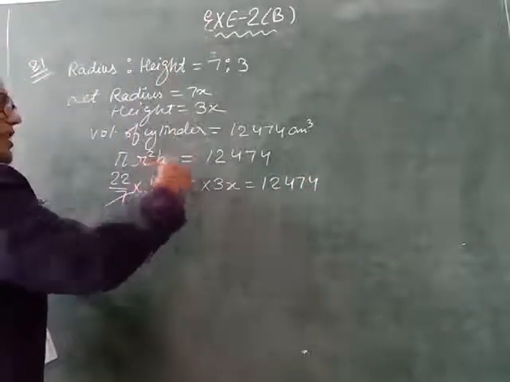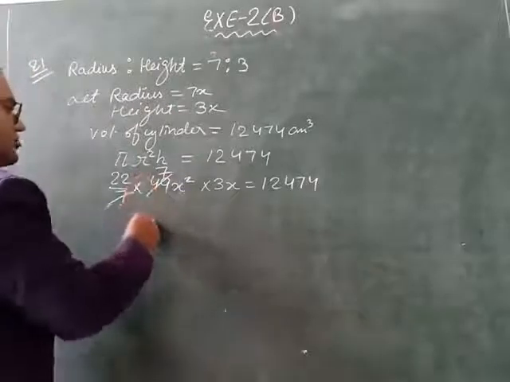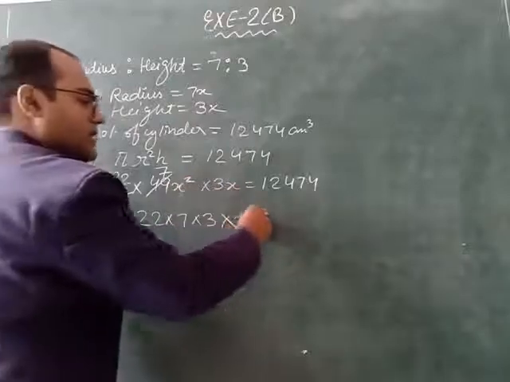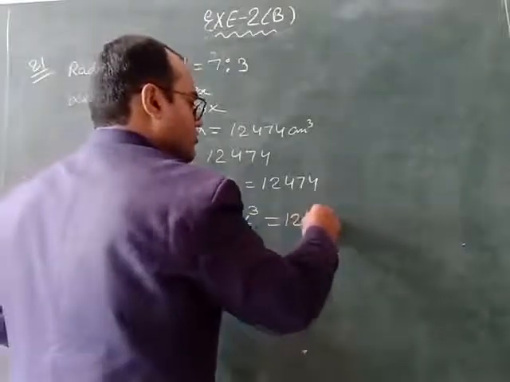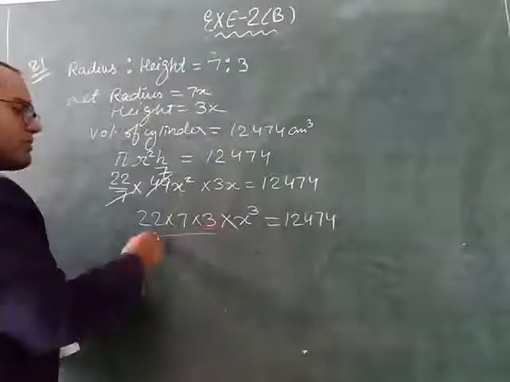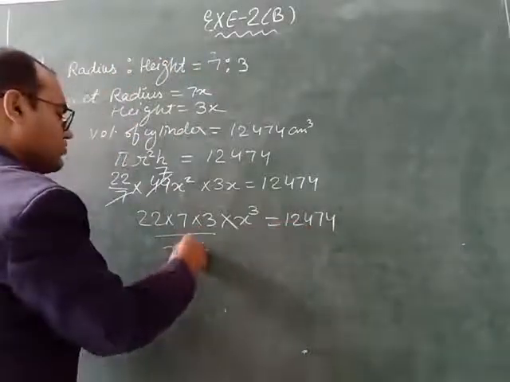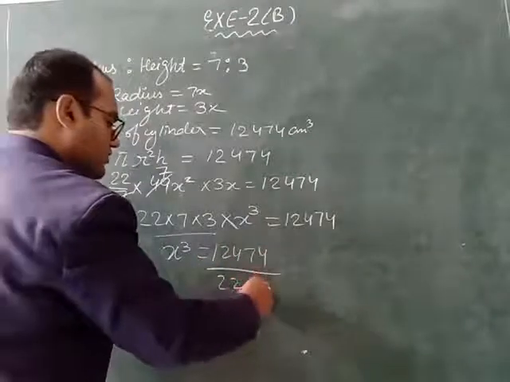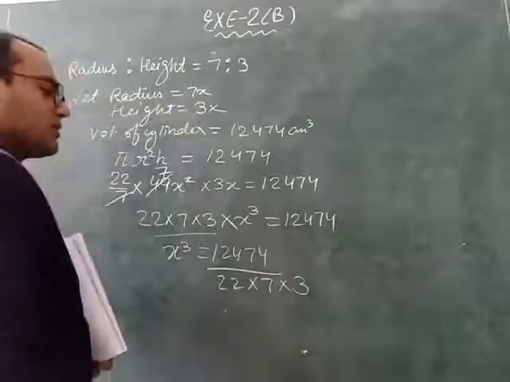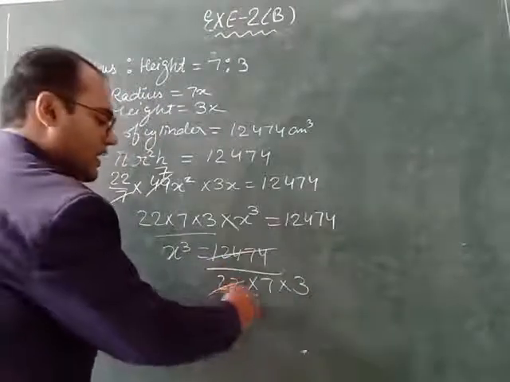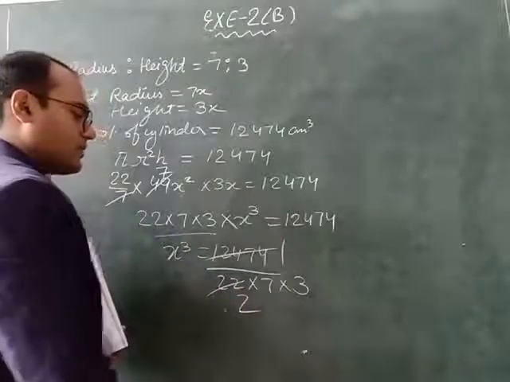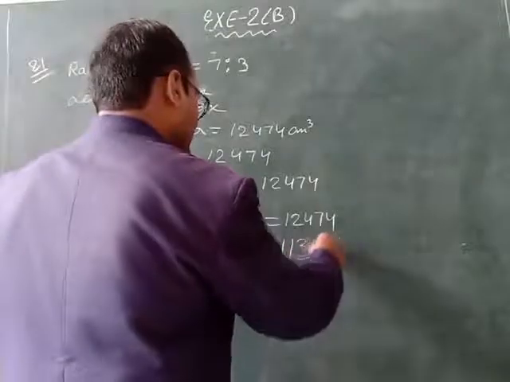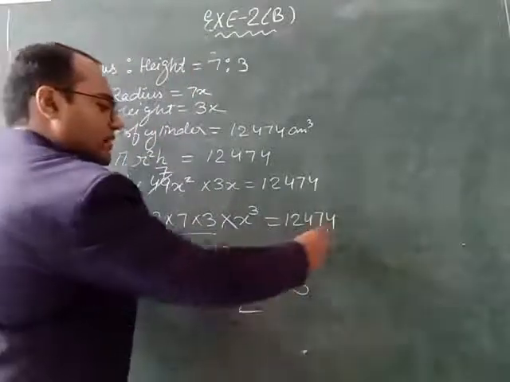7 7s are 49. Now here is 22 into 7 into 3 into x square into x, which will become x power 3, is equal to 12474. Now all these numbers we will bring to the other side in division. So x cube is equal to 12474 divided by 22 into 7 into 3. With the table of 11 we will cancel. Then with the table of 7 we will cancel.